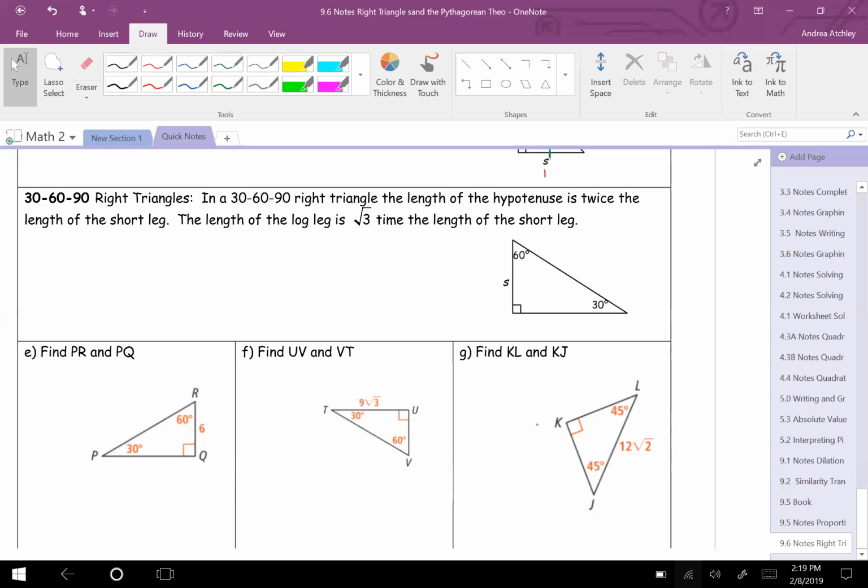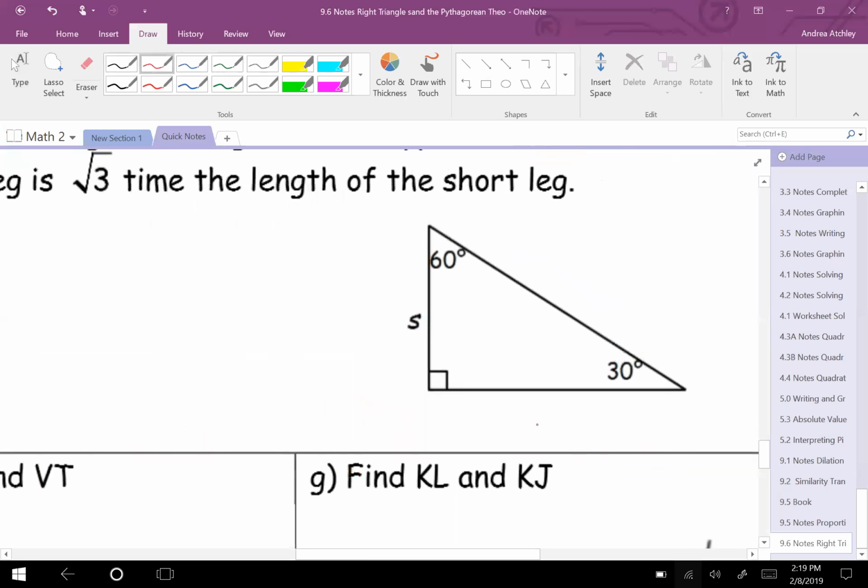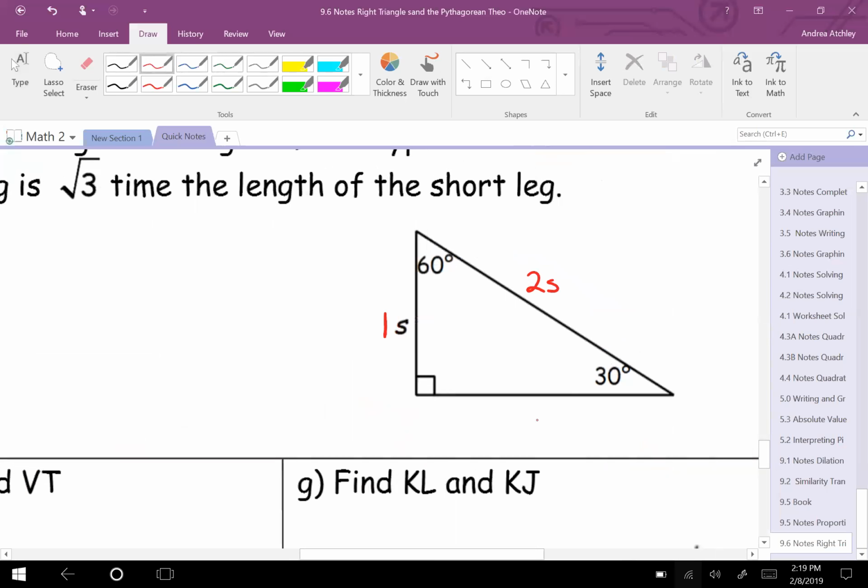So this is my ratio. Here's my shorter leg, it's the 1. So the hypotenuse will be 2 times S, and the longer leg is square root 3. They're just ratios that you need to memorize.